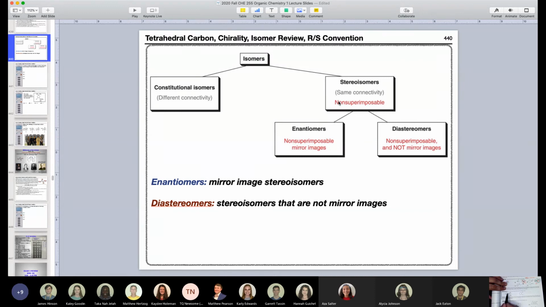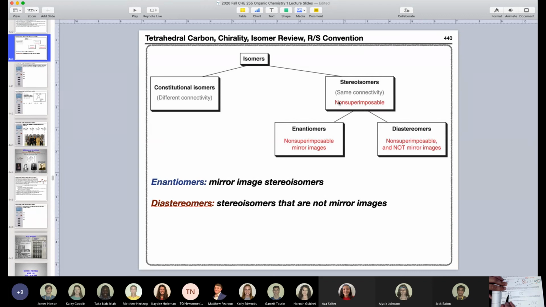The lowest priority group, which is the hydrogen, is away from you. We have bromine 1, carbon, carbon. This carbon has a bromine, so that gets higher priority, 1, 2, 3. So we're going to say that's R.